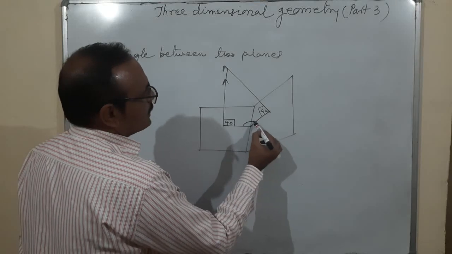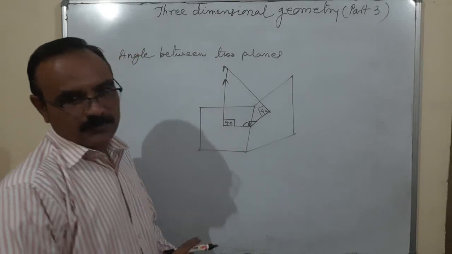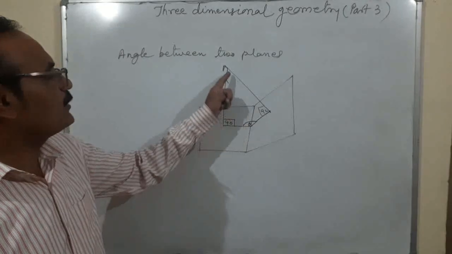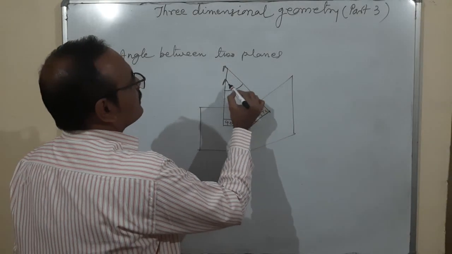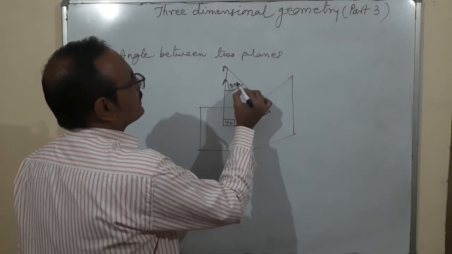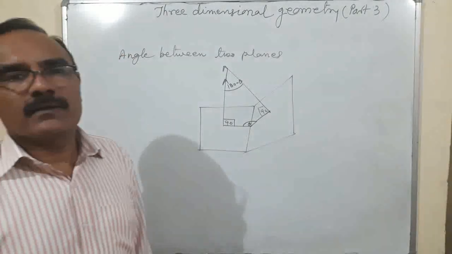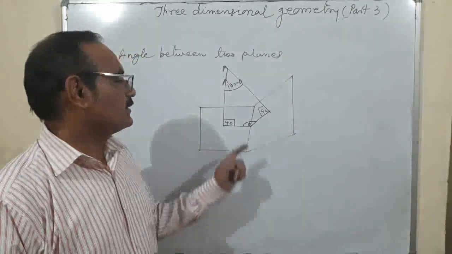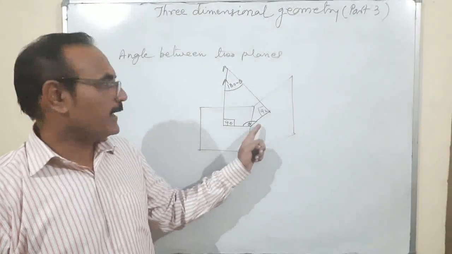Actually, we are going to find this angle. Suppose the value of this angle is theta. So what is the value of this other angle? The value of this angle is 180 minus theta.